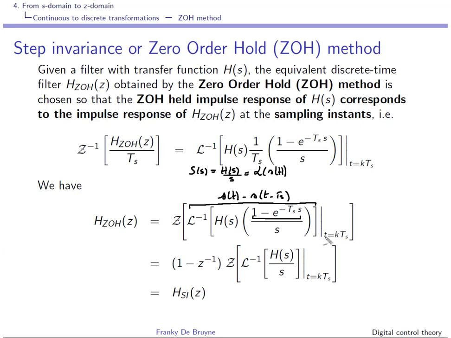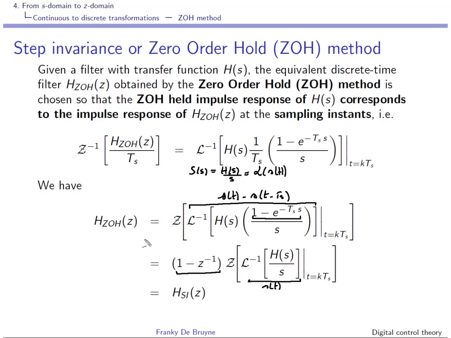If you evaluate at t equal to kTs and take the Z transform, you'll obviously have a factor 1 minus z minus 1 that will appear. The 1 comes from this one, and the minus z minus 1 comes from this one. It's the same signal but delayed by one sample period. So remember that z minus 1 is really delaying by one sample instant. And what we'll have over here is of course s of t.